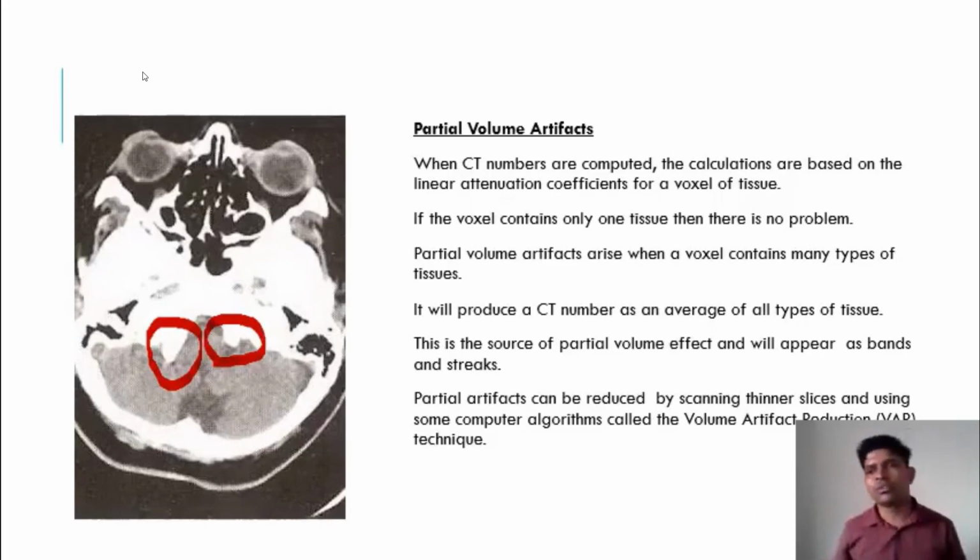The partial volume artifact can be reduced by going with a thinner slice, or you can use a computer algorithm such as partial volume artifact reduction techniques. Due to that also you can avoid partial volume artifacts.